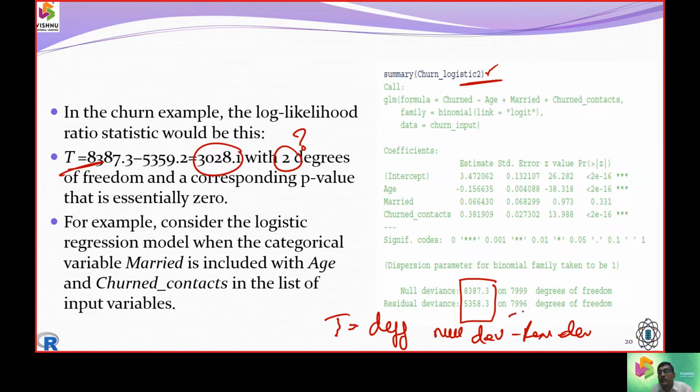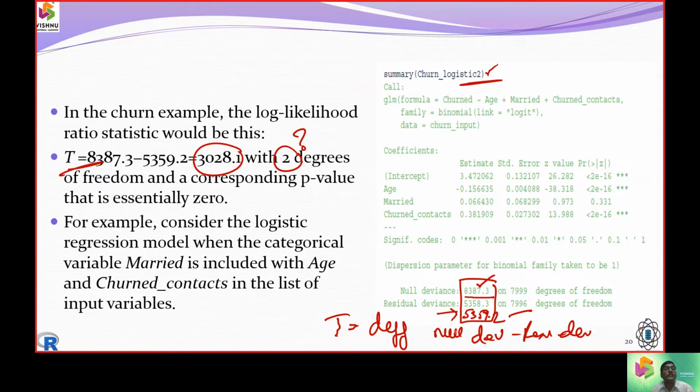So how did we get this degree of freedom? We were talking about the two attributes that were taken up. So what are the two values? We have to move to the previous slide at this point. We got 83887.3 in this case, and the other was 5359.2.